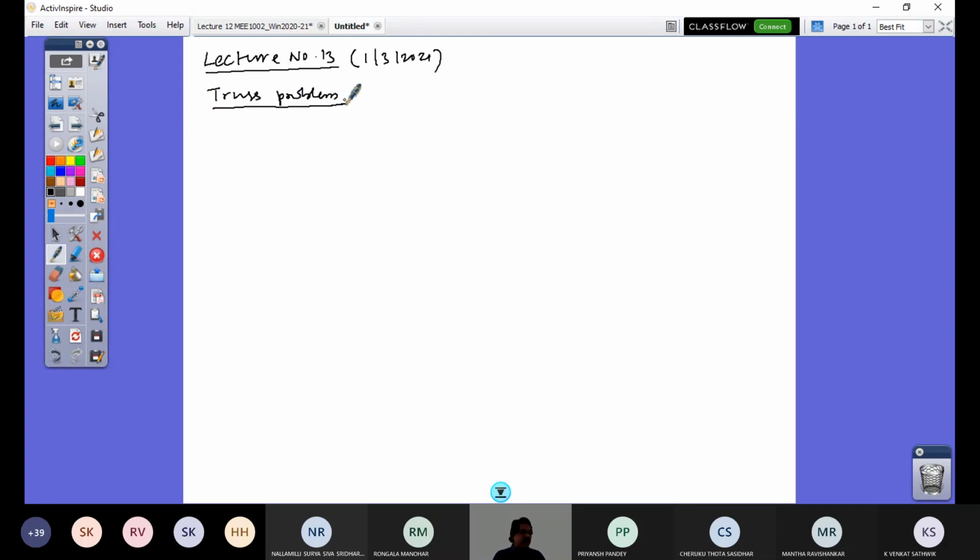So we have just learned how to do an analysis of a truss for given joint loads. The loads can be only at the joints for the truss, because the members forming the truss are not capable of carrying lateral load, and the weight of the slender members is neglected. That's another important assumption.